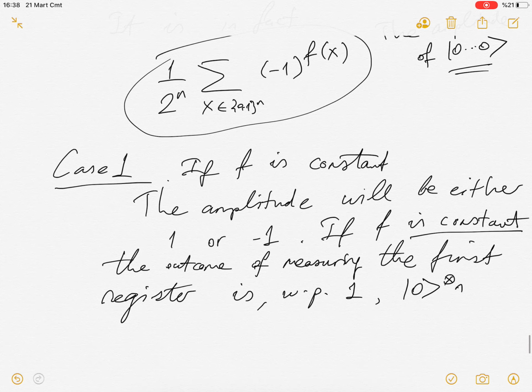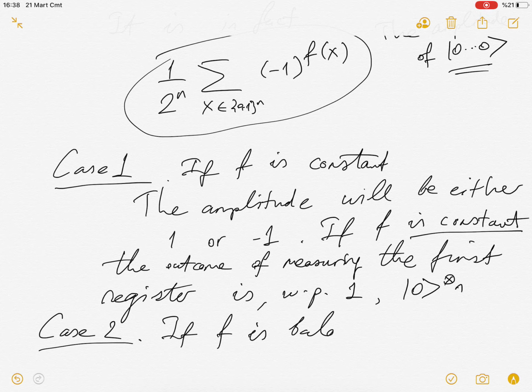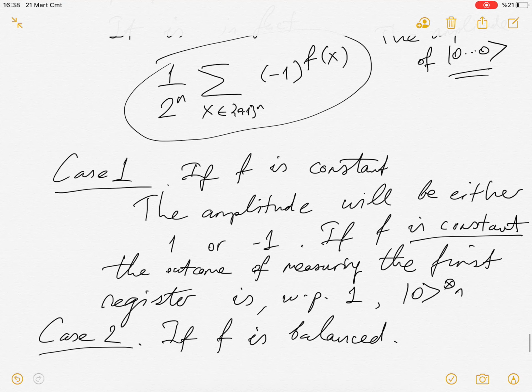So what about case 2, if f is balanced? Now, if f is balanced, half of the f of x will be mapped to 0 and the other half will be mapped to 1. If we look at the exponent, when f of x maps to 0, the amplitude will be equal to plus 1. But if f of x maps to 1, then the amplitude factor will be minus 1.